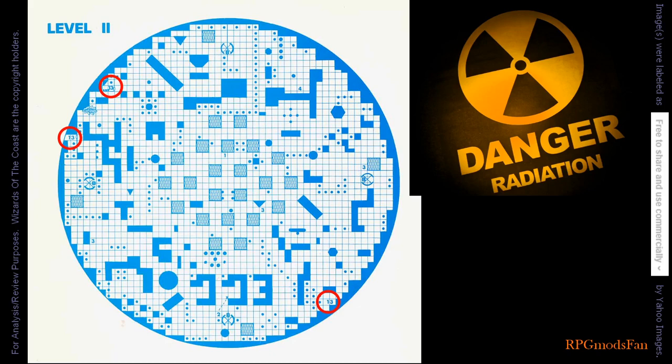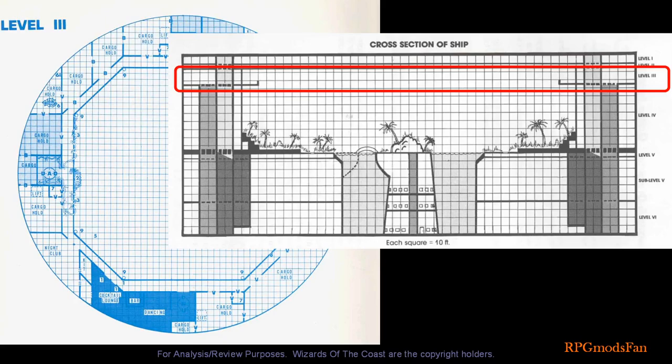As mentioned before, exposure to such areas will cause radiation sickness, sap strength, and eventually cause death if not treated in time. The inner circumference of level 3 is a walkway.